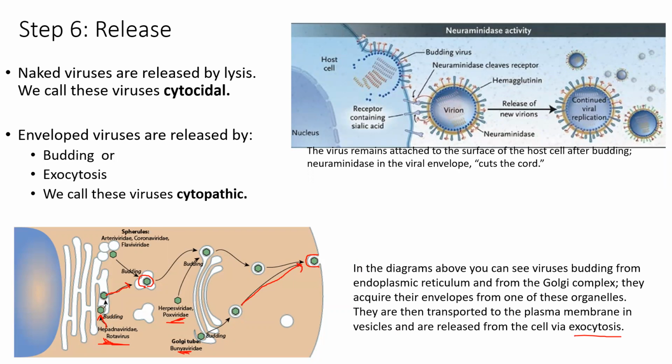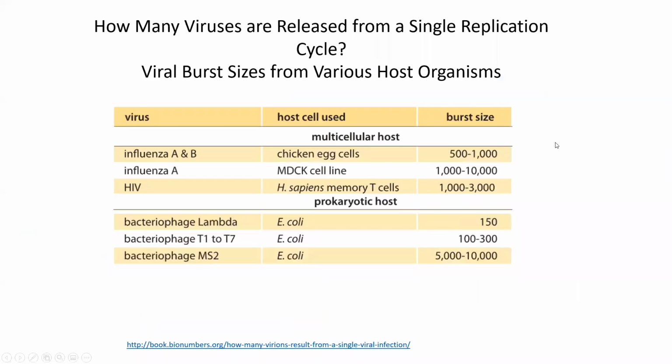All right, here I just want to show you how different viruses are in terms of the host cell that they use and also their burst size, so how many new virions are created and released from the host cell. Notice there's quite a bit of variability within the animal viruses, which are the top three, and then the bottom three are for bacteriophage.